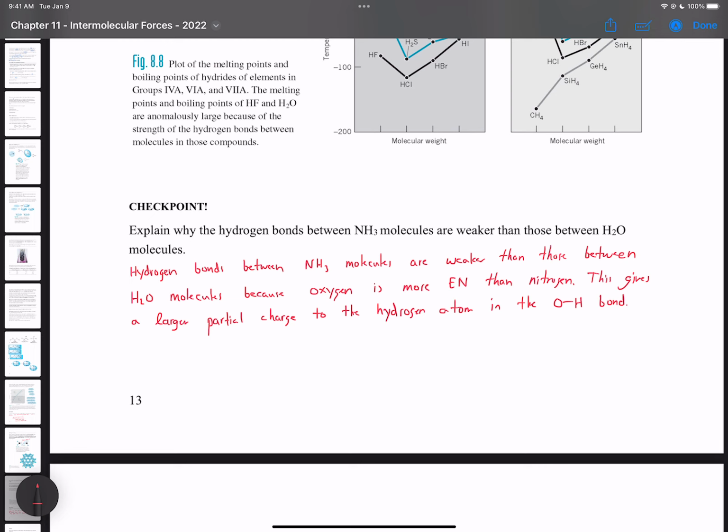So the more partial positive charge, the stronger the intermolecular force.